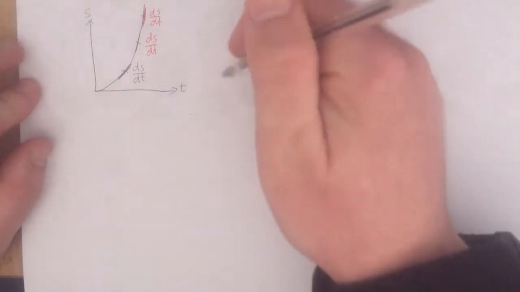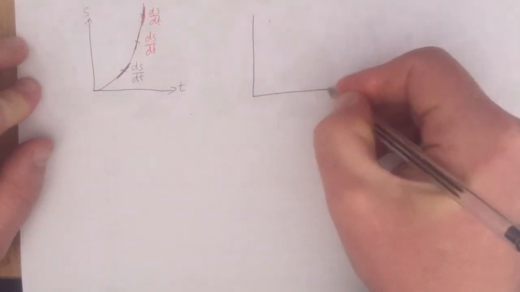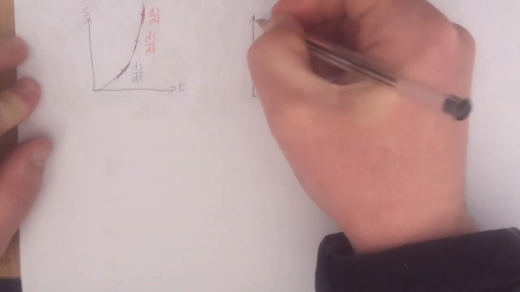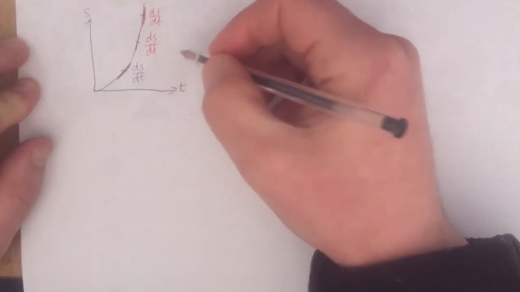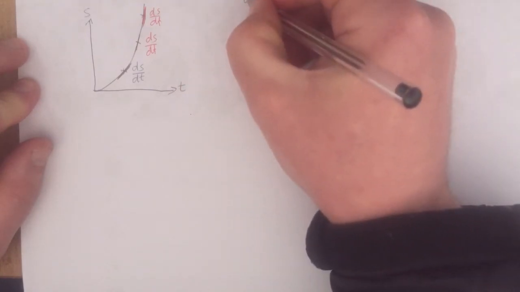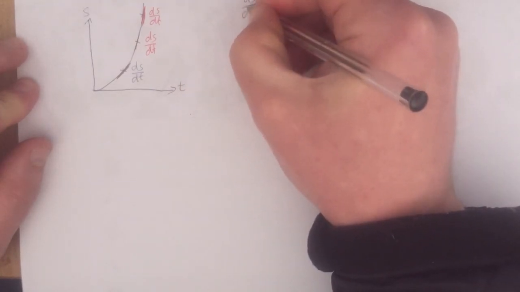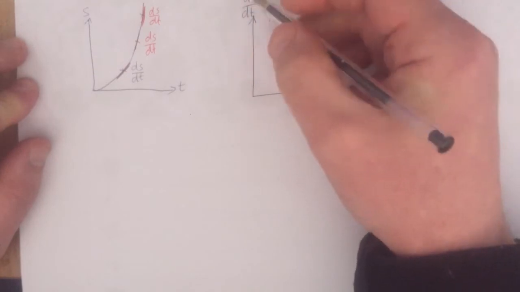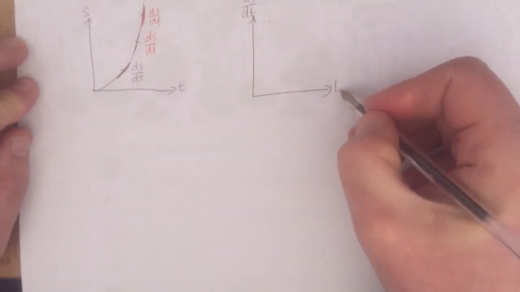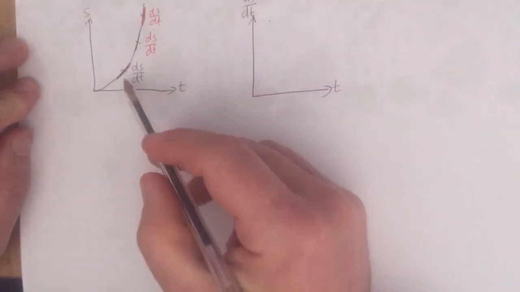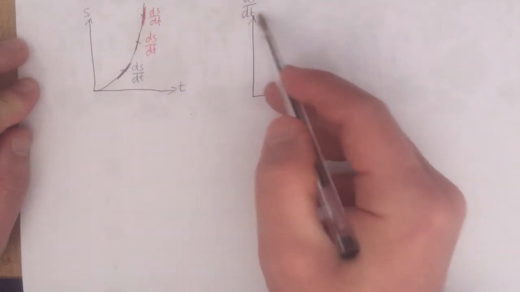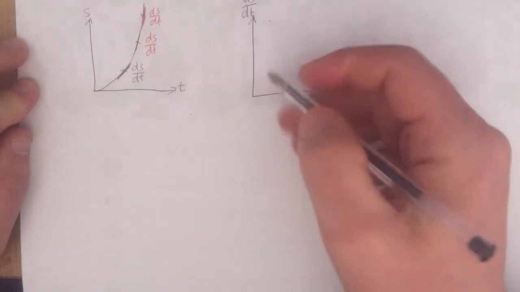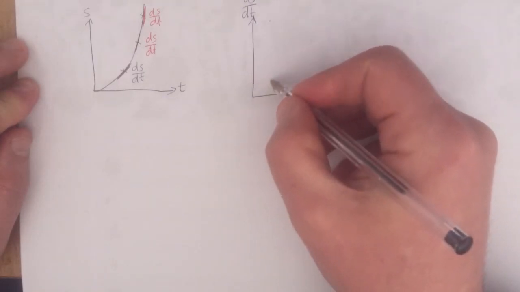So if we then take this across to a graph here, and we've done this graph before a lot of times, but instead of labeling it as velocity, because the gradient here is the velocity, I'm going to label it as ds by dt again. And we're going to have time down there. Now, ds by dt, the gradient here, this is basically a gradient time graph. The gradient is increasing as time goes on as well.